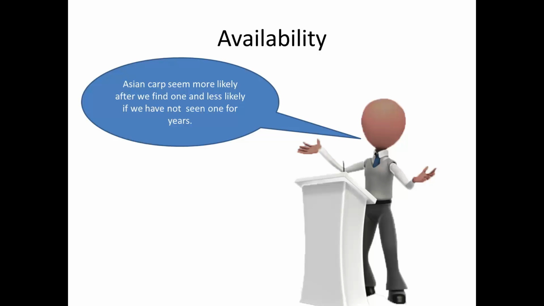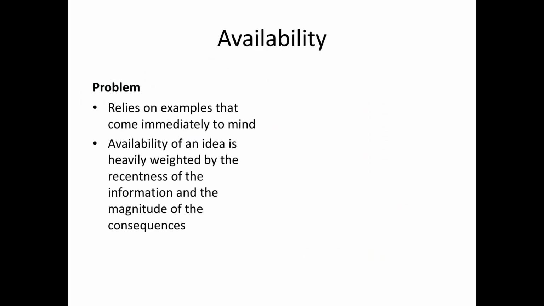There's availability as another heuristic. Asian carp seem more likely after we find one, and less likely if we have not seen one for years. Availability relies on examples that come immediately to mind. Availability of an idea is heavily weighted by the recentness of the information and the magnitude of the consequences.